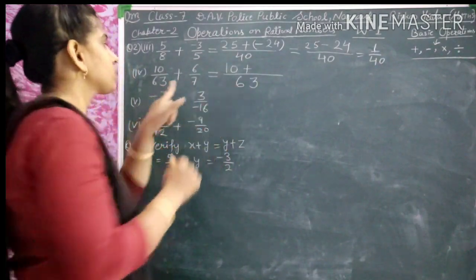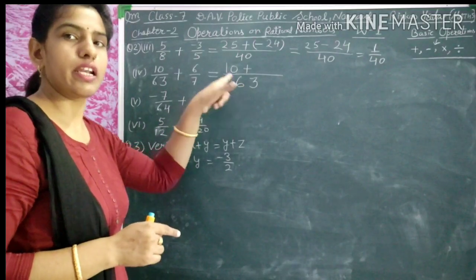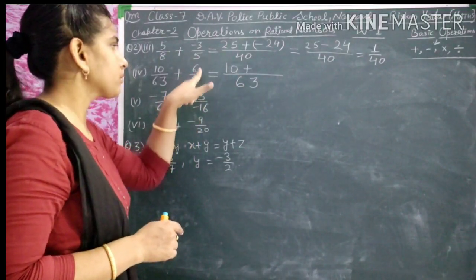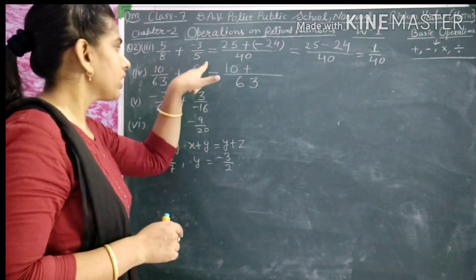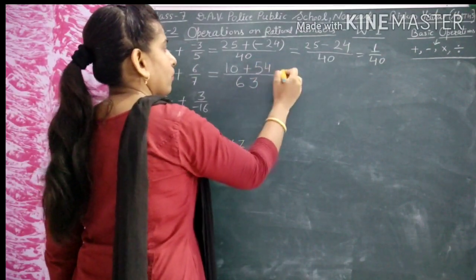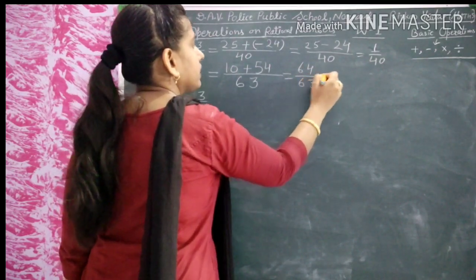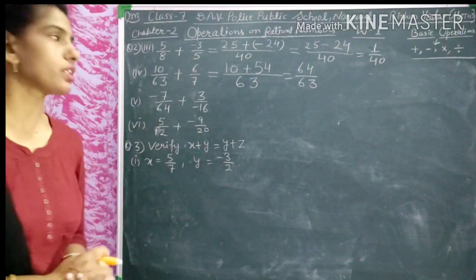Which number do we multiply 7 by? It becomes 63, 9. That is, 9 is multiplied in both the numbers. So 9 times 6 is 54. It will become 64 divided by 63. Okay, dear students, this will be the answer.